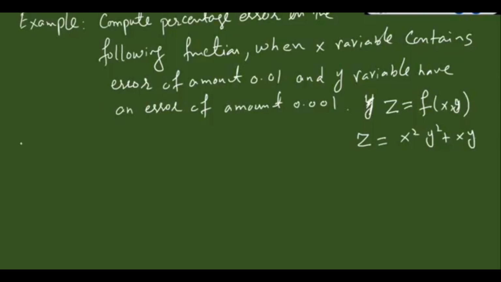So for error, as we know, this is depending on more than one variable. So what we can do in this case is we can try to compute the error based on the formula, that number 2 that we have learned today.